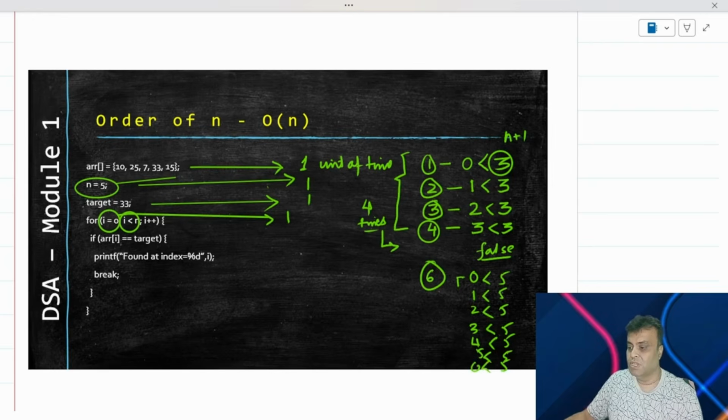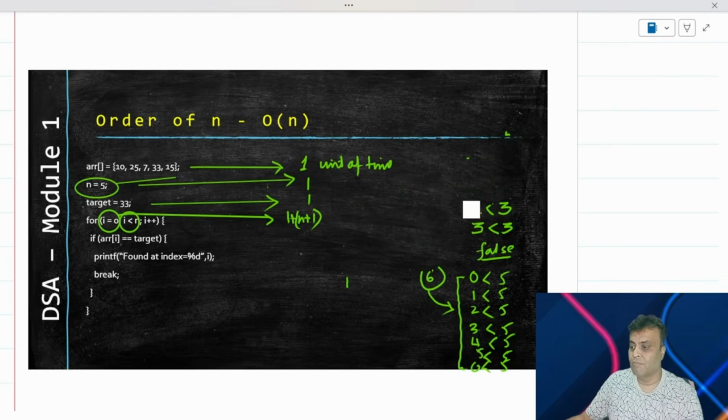And how many times do you think this actually ran? It ran for 6 times, right? The check ran for 6 times, but you had 5 elements. So basically we are talking n plus 1 times. So i less than n is going to execute for n plus 1 times, right? So I'll write like this.